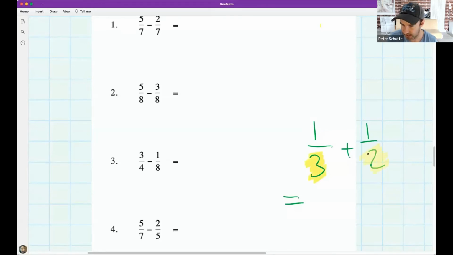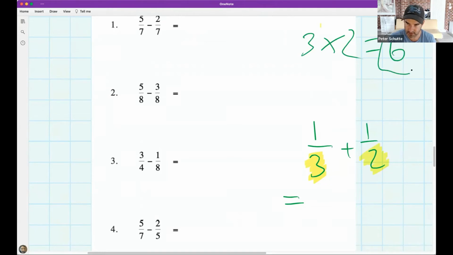They have to come from the same family, and 2 and 3 are very different. So what we do is a process called finding a common denominator. We change these fractions into equivalent fractions, which are the same but have denominators that are the same. The way we would do it is, if we took 3 and 2 and multiplied 3 times 2, we get 6.